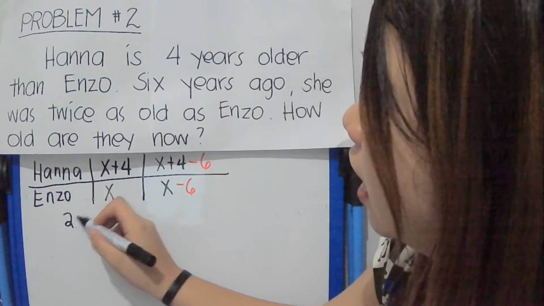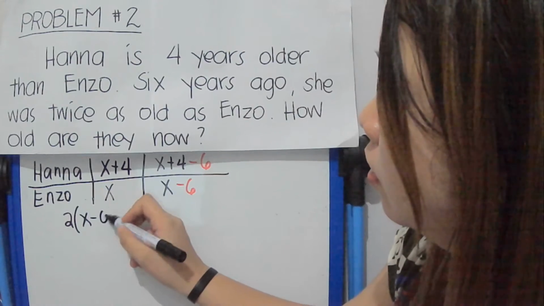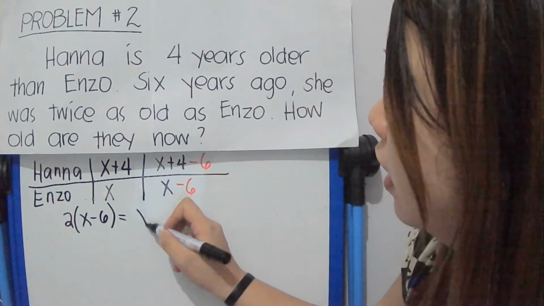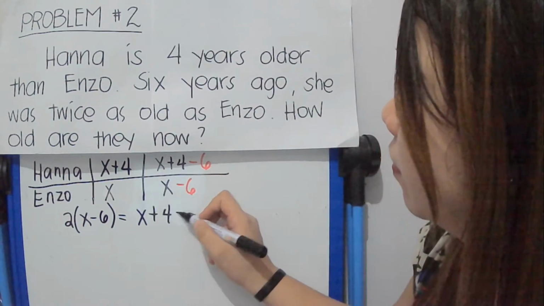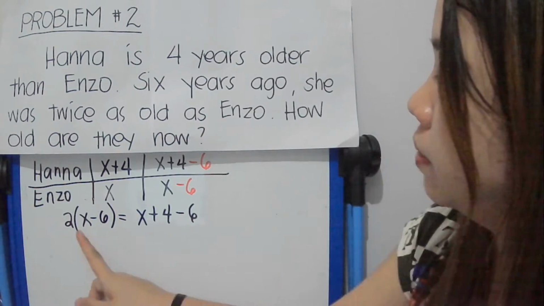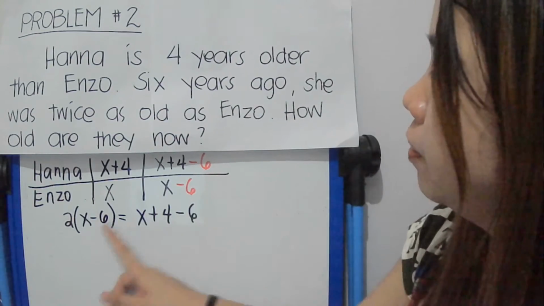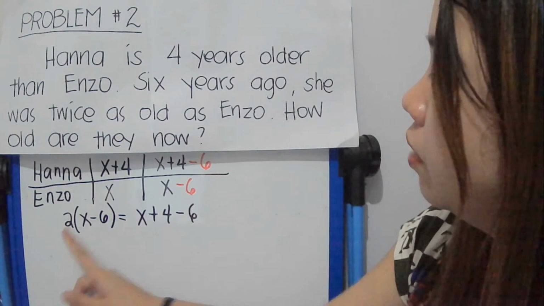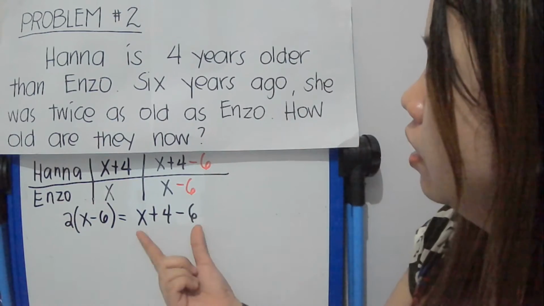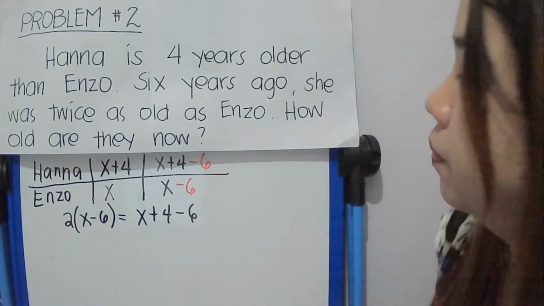So, twice daw ng age ni Enzo, 6 years ago, yun daw yung edad ni Hannah. So, ulit, saan natin nakuha tong x minus 6? Ito po yung edad ni Enzo 6 years ago. Tapos, yung pag dinoble mo daw yan, yun daw yung edad ni Hannah 6 years ago. So, itong x plus 4 minus 6, yun po yung edad ni Hannah 6 years ago.